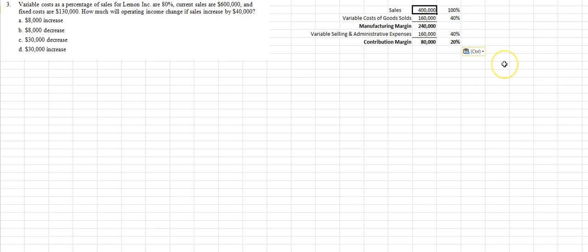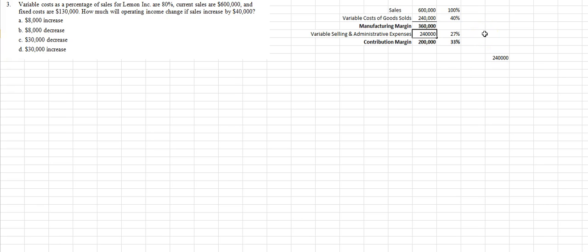We make it 600,000 just so that we could follow this exercise. I'm sorry, I messed this up because now I have to change my variable cost number. I'll just figure it out this way. This times 0.4 equals 240. So it has to be 240 and 240.